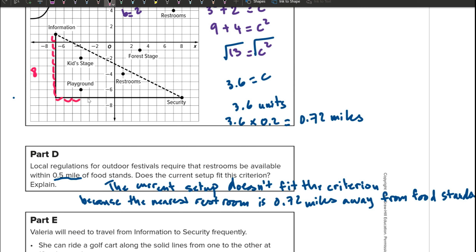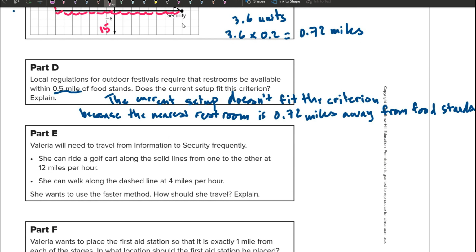Then 1, 2, 3, 4, 5, 6, 7, 8, 9, 10, 11, 12, 13, 14, 15. Okay, so if she uses the golf cart, she's going to drive around like this. That will be 8 plus 15, which is 23 units, right?